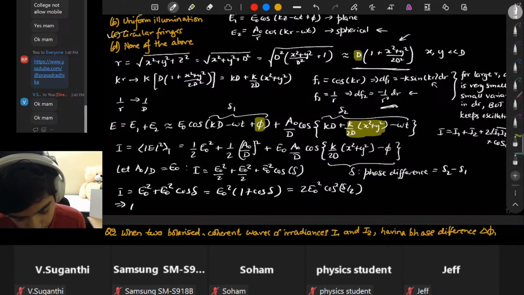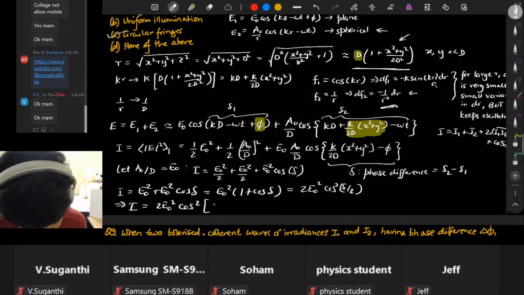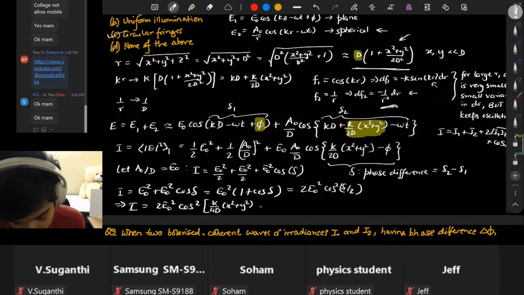So finally, I is 2 E naught squared cos squared delta by 2. So this gives me k over 4d times x squared plus y squared minus phi by 2. This is the final expression.